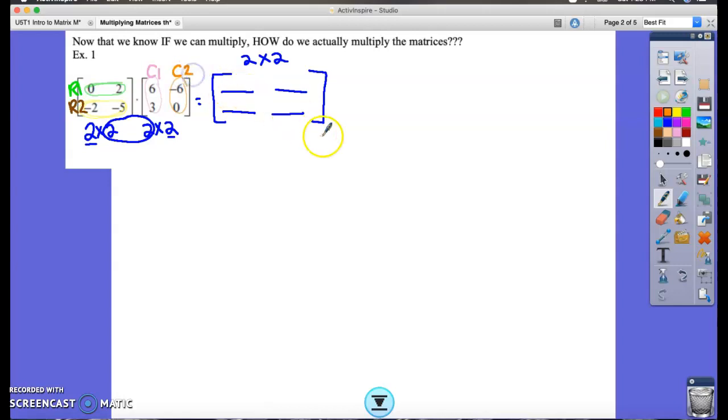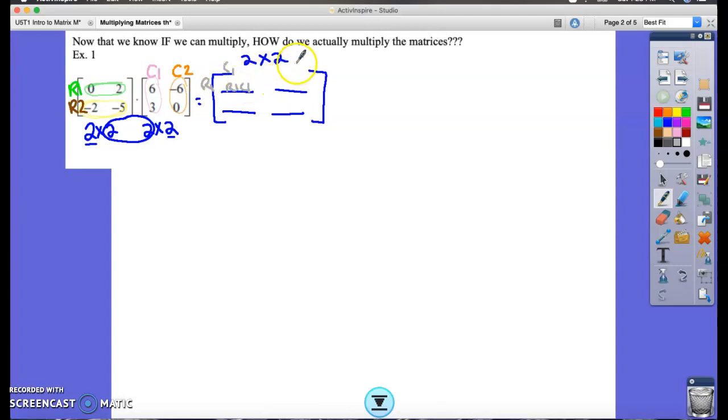Whatever the entry location is, that's how I'm going to be matching them up. Now remember I called this a compatibility test? That's just something I think of in my head. This is compatible, and what I'm going to do is set each row up with each column. So here I'm going to be setting up, I'll do this in gray, row 1 with column 1. This is row 1, column 1.